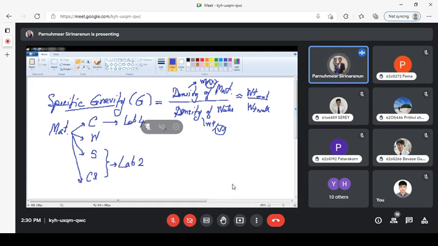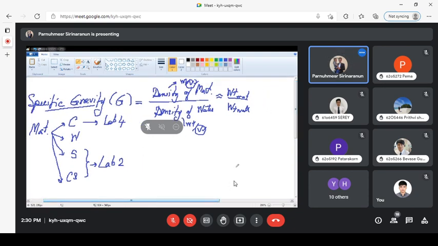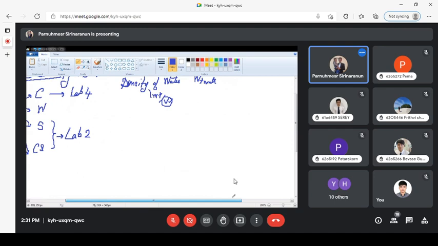So from this meaning, how do we practice in the lab? The concept is used to let you compare the weight of the material by weighing the material in water. How do we weigh or measure the material? Assume this is a material, and this is water.